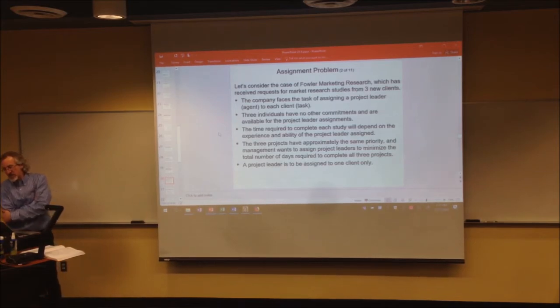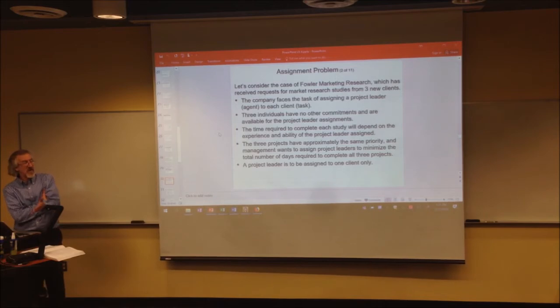The time required to complete each study will depend on the experience and ability of the project leader assigned. The 3 projects have approximately the same priority. The management wants to assign project leaders, here's the key word, to minimize the total number of days required to complete all 3 projects.